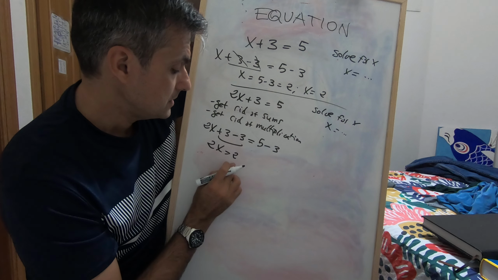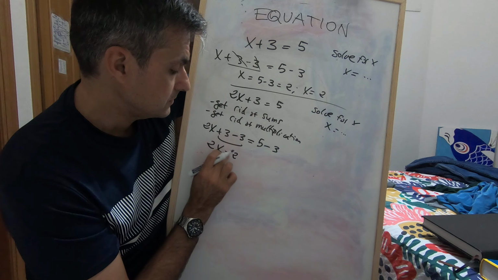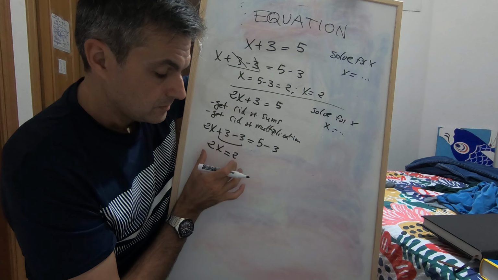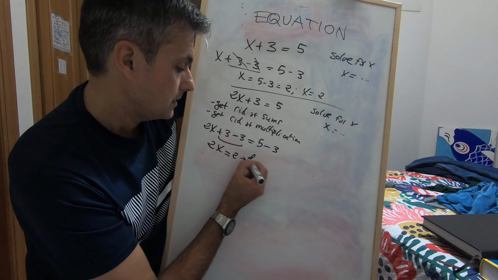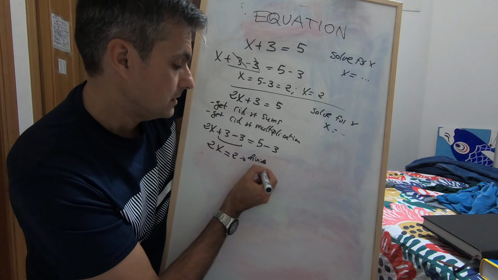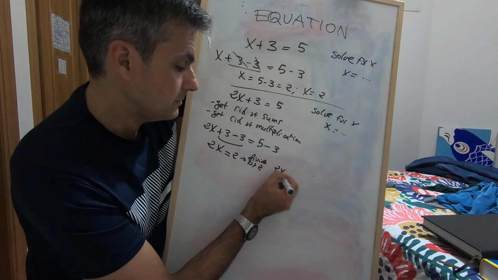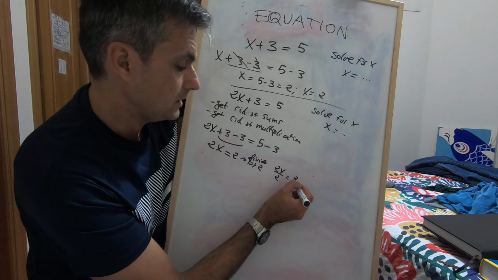So I can divide by 2 on the whole equation, one side and the other. If I divide by 2, I will have 2x divided by 2 equal 2 divided by 2.